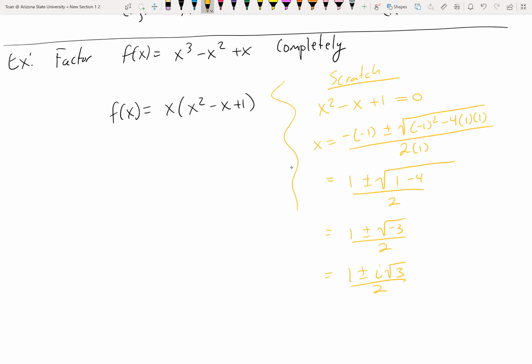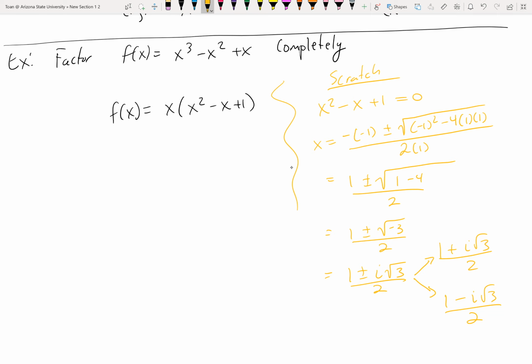Now what I would like to do is I'll go ahead and split apart this answer into two because we sort of need it separated. Let's see, so we have 1 plus i radical 3 over 2 and 1 minus i radical 3 over 2. So those are our two solutions.